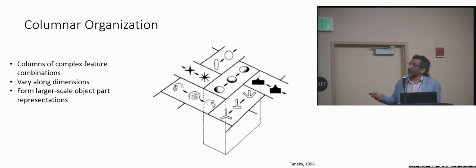And what this hypercolumn has is similar objects that vary along a dimension. So all of these are tri-armed objects, but the angles between the arms change as you move along this dimensional axis. And so this takes individual objects, creating these dimensional complex feature representations for parts of objects.